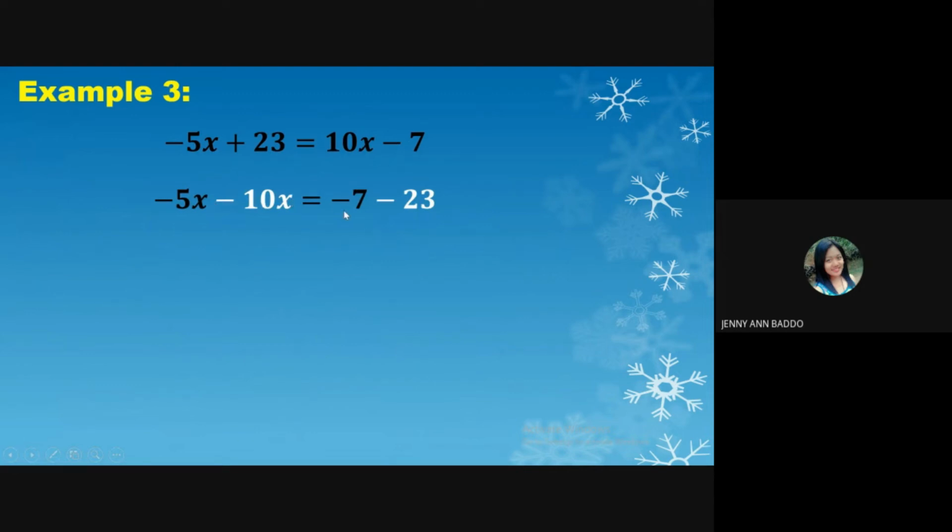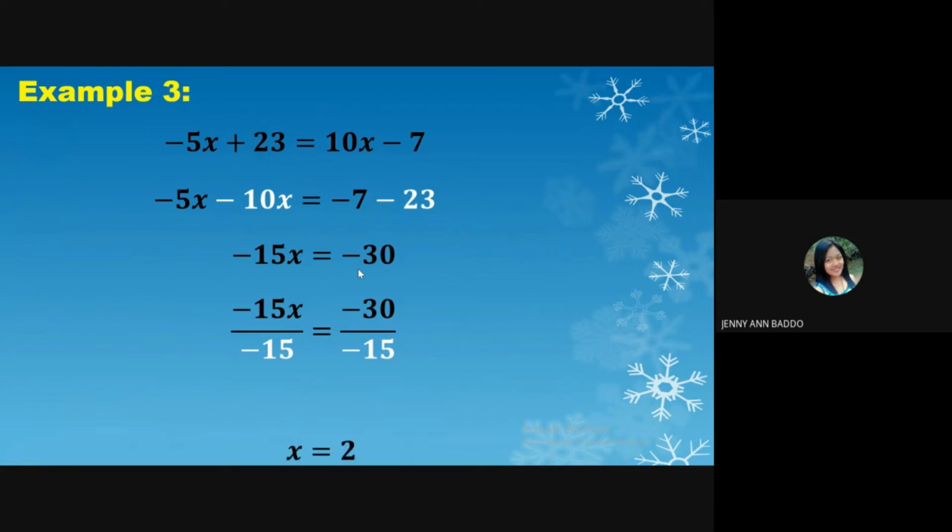Then copy negative 7. For positive 23, we now have negative 23. Simplifying, we have negative 5x minus 10x, that's negative 15x. Negative 7 minus 23, that's negative 30. And dividing both sides by negative 50, we now have x equals 2. Therefore, the solution of the given equation is 2.